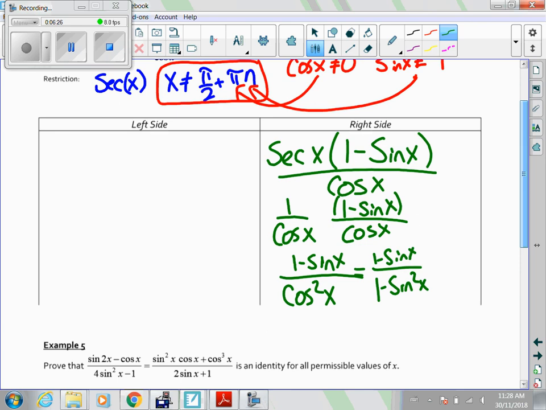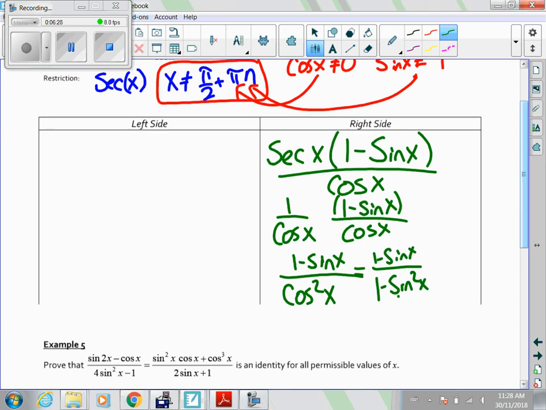All I have to do now is difference of squares my denominator. 1 minus sine squared, hey, that looks familiar. I can just change that to (1 minus sine x) over (1 minus sine x)(1 plus sine x).